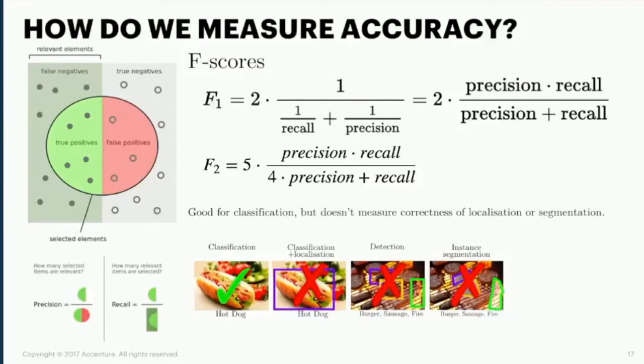So F2 relates more to the way humans perceive something to be good in this scenario.